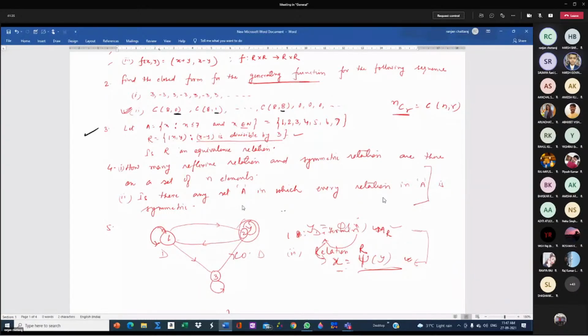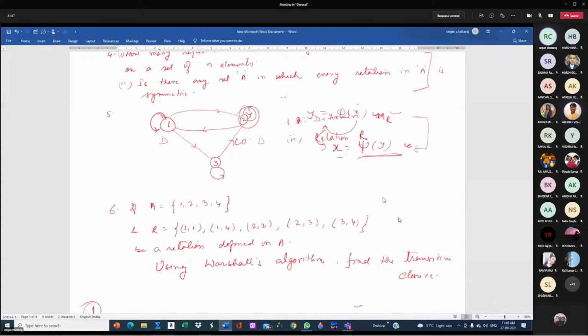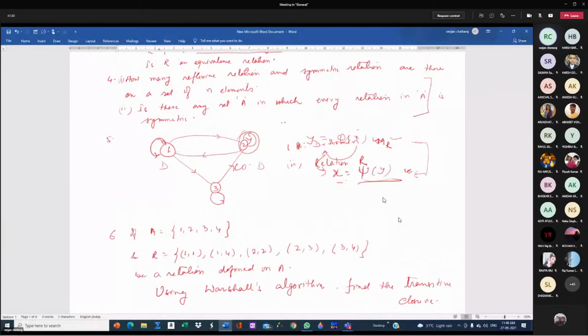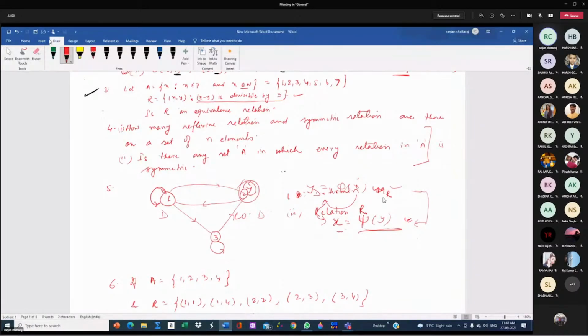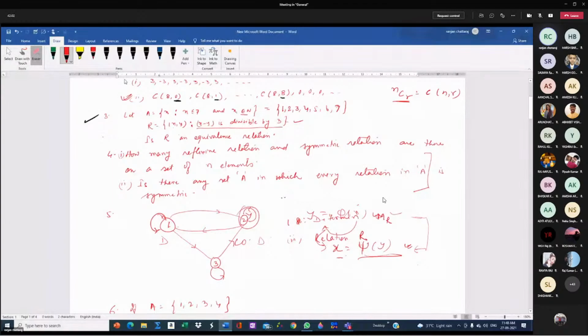No, sir. Sir, are we taking the same set once more? No, the question is, does there exist any set where all the relations are symmetric?